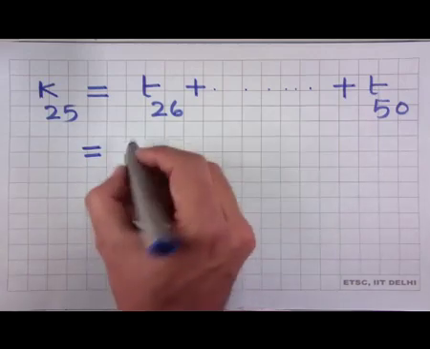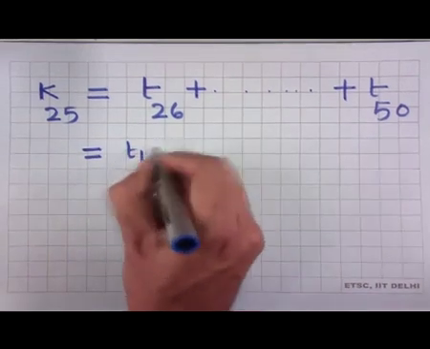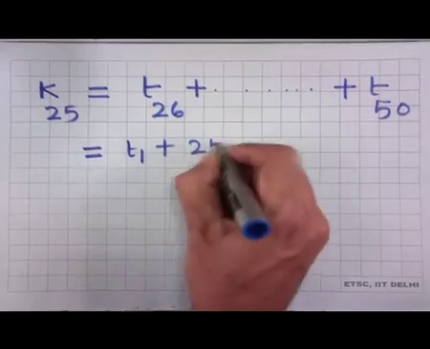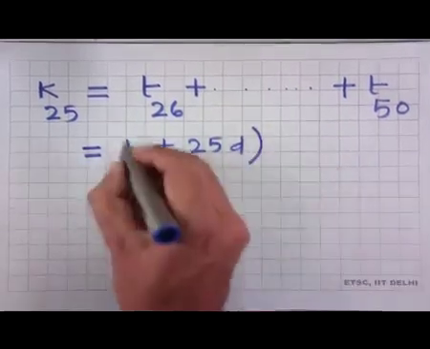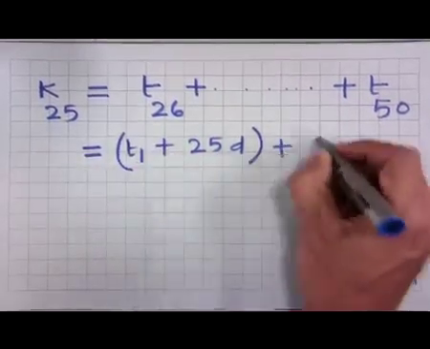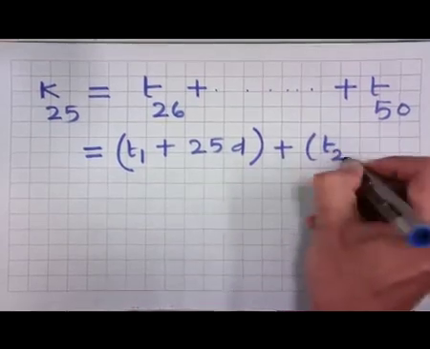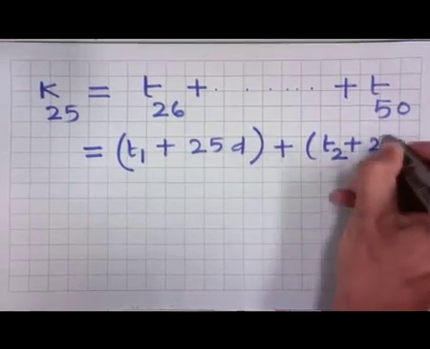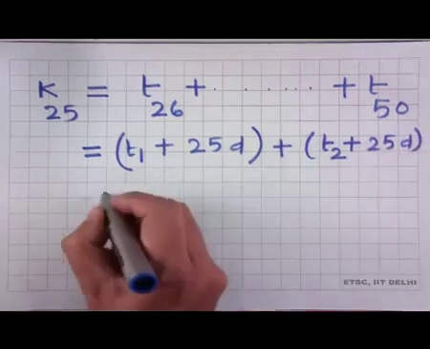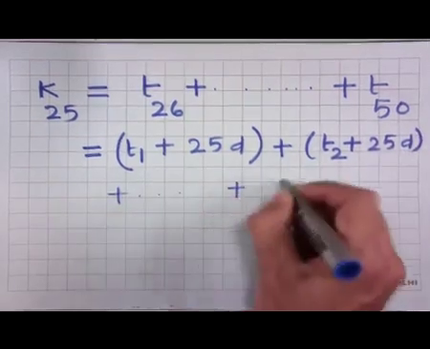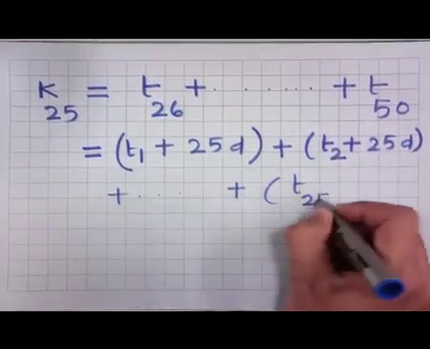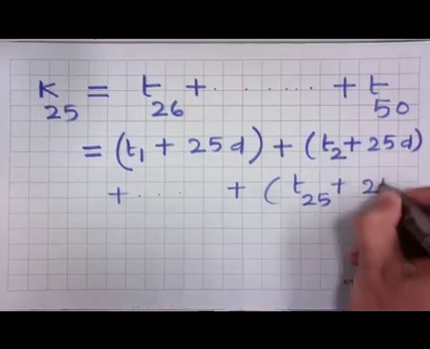It can be written as T1 plus 25D, plus T2 plus 25D, and so on, up to T25 plus 25D.